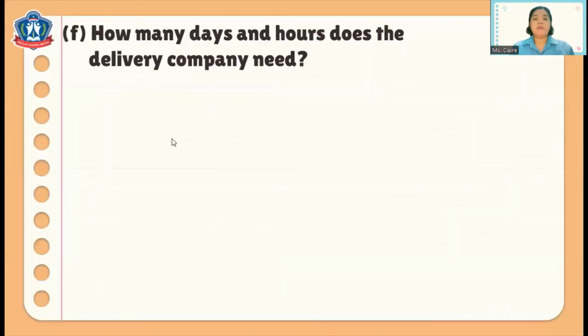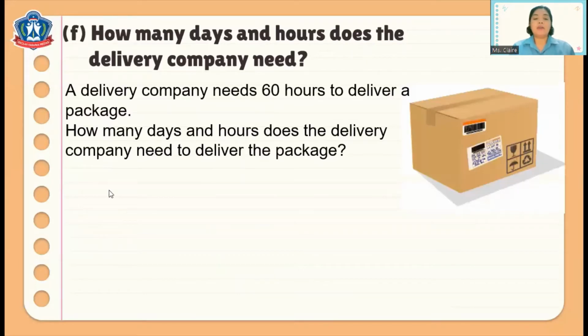Let's continue. How many days and hours does the delivery company need? A delivery company needs 60 hours to deliver a package. How many days and hours does the delivery company need to deliver the package? Remember, one day is 24 hours. 48 hours is 24 plus 24, and that is 2 days.